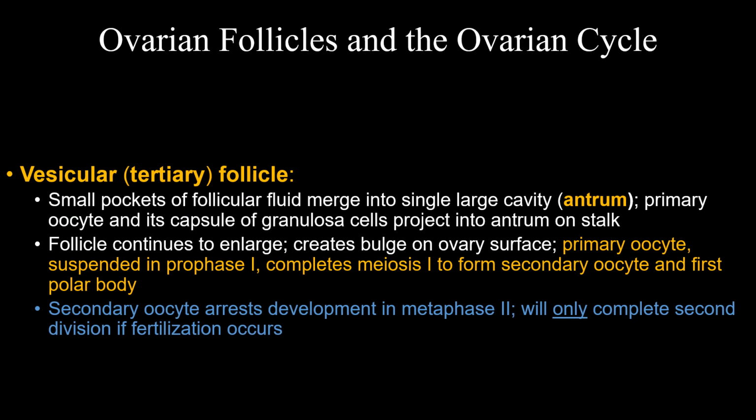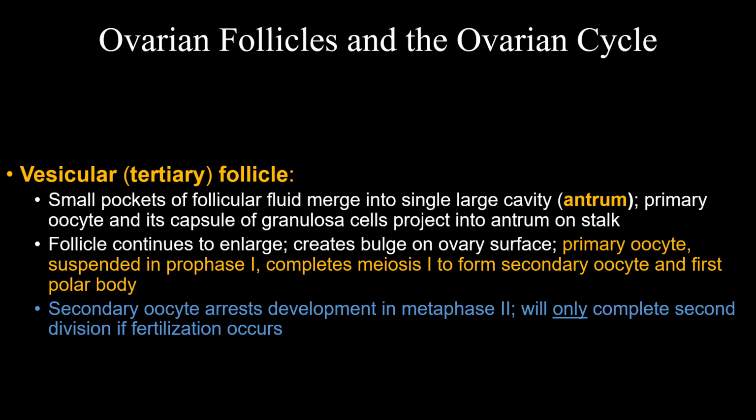Now, at puberty, due to rising levels of follicle-stimulating hormone and luteinizing hormone, a group of secondary follicles is going to continue maturing. Usually only one follicle, the dominant follicle, completes this process and becomes a vesicular follicle. In a vesicular follicle, smaller pockets of follicular fluid from a secondary follicle merge and form a single large cavity called the antrum.